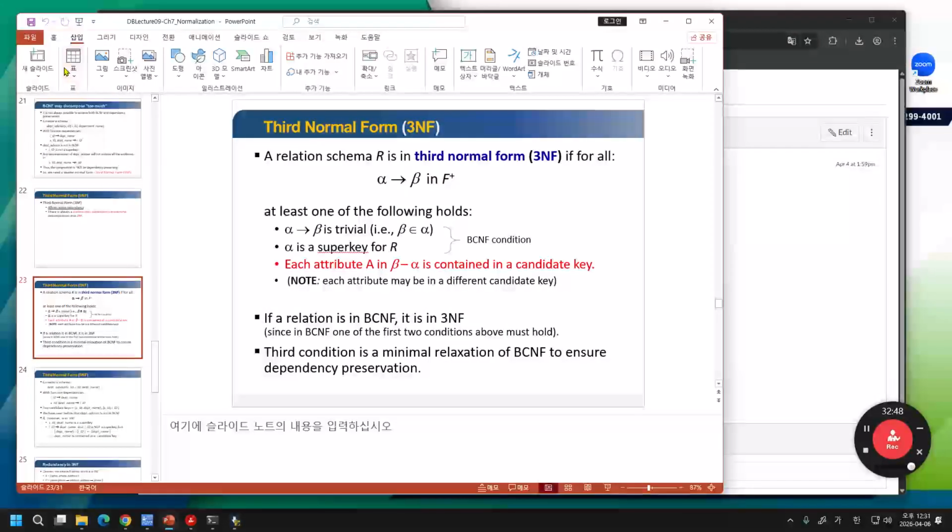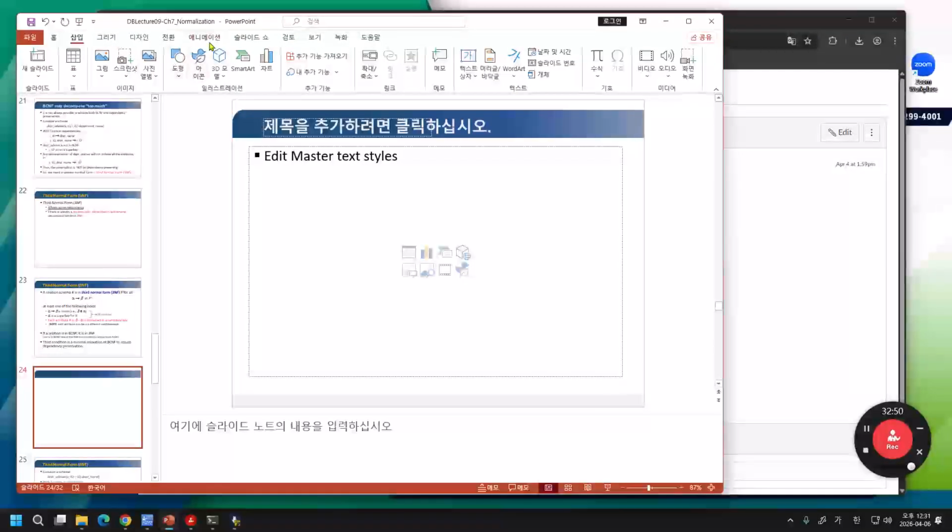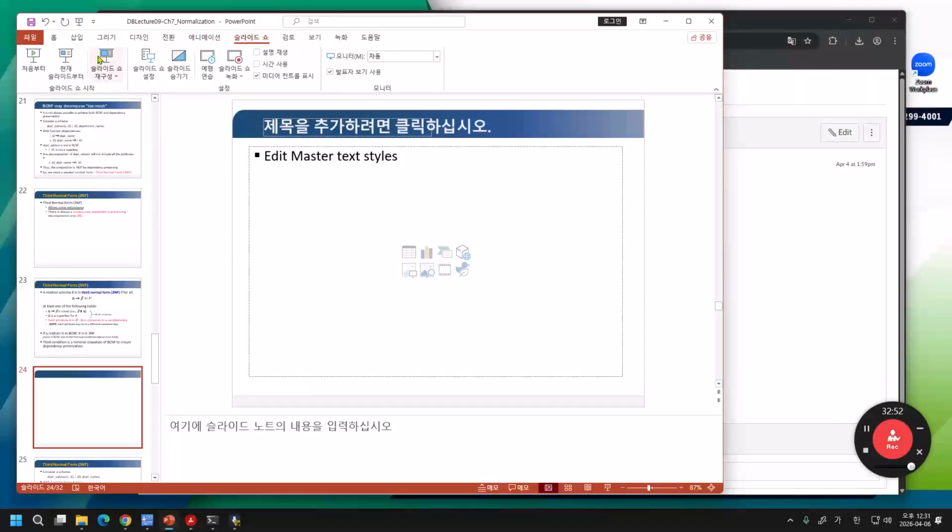Is there a difference between candidate key and prime attribute? So let's look at that example. We have a student ID, instructor ID, and department name in this table.